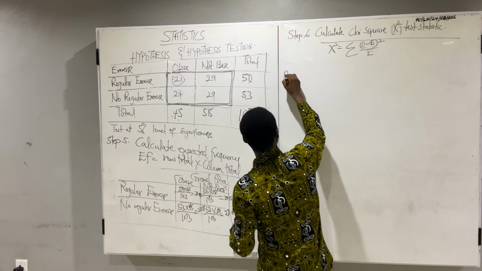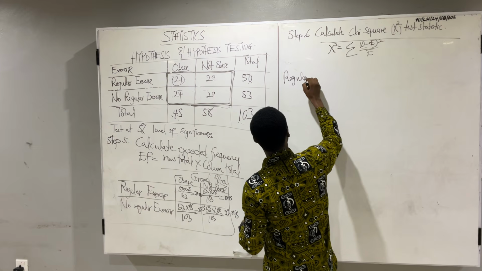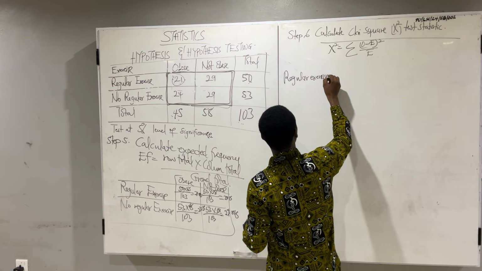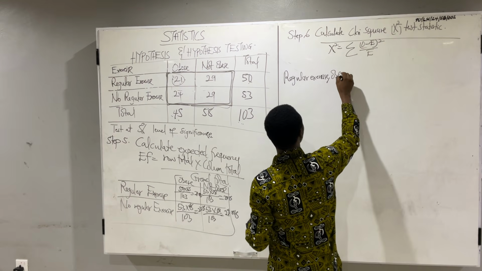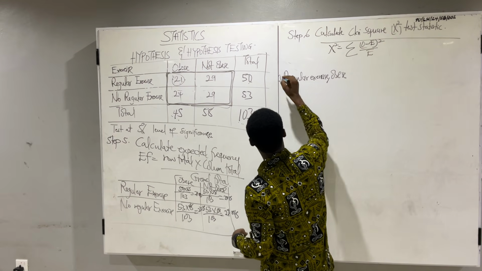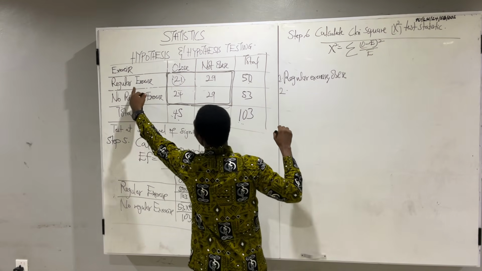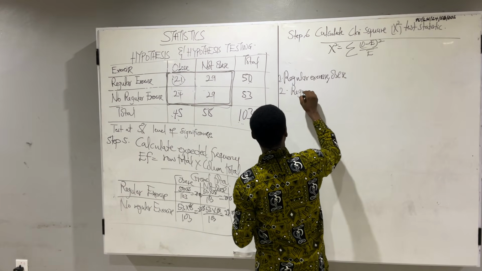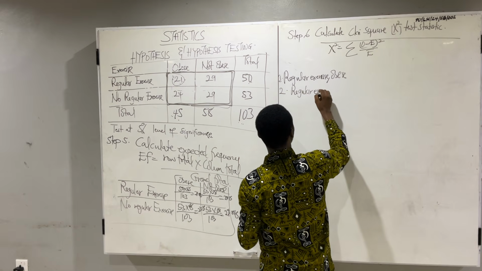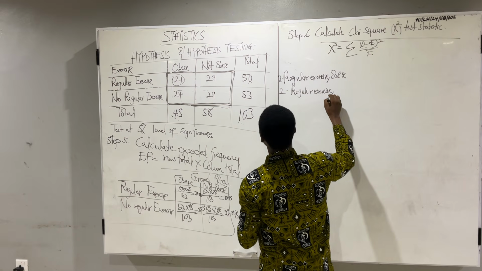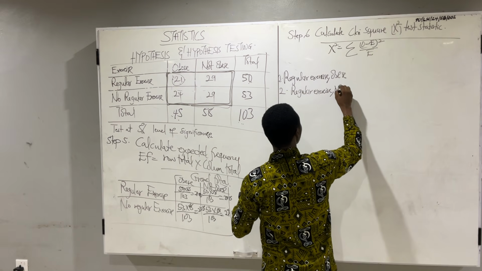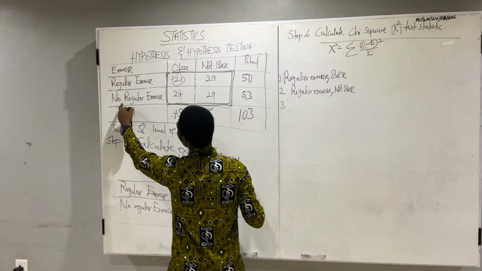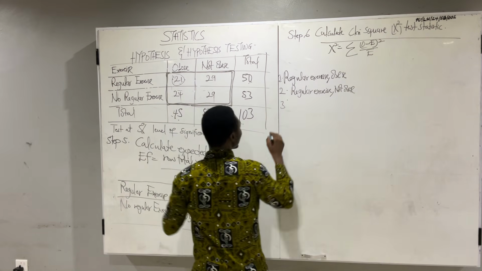Regular exercise, comma, obese. That is 1. The second one, regular exercise, comma, not obese. Then the third thing the table is showing, no regular exercise, comma, obese.